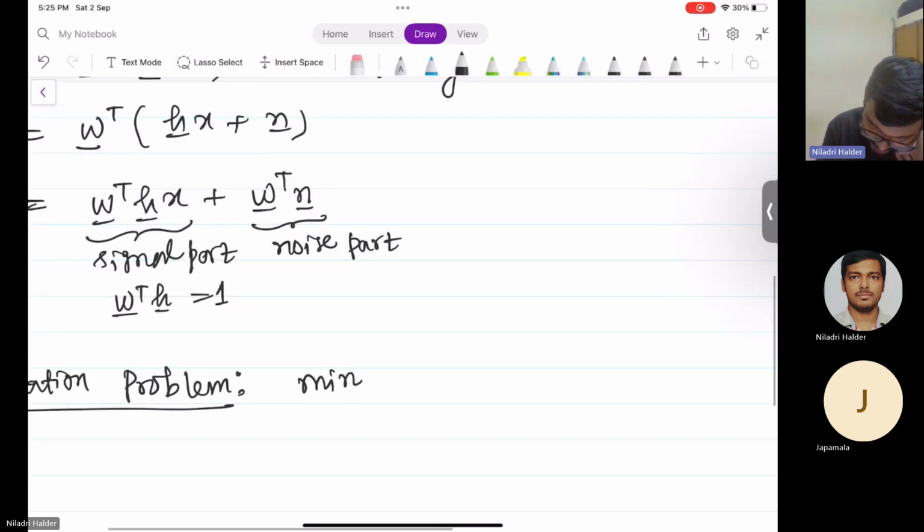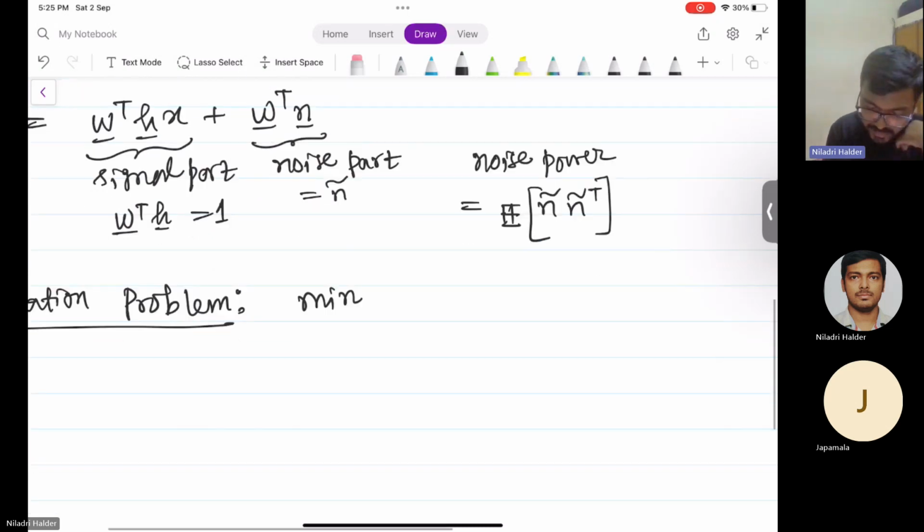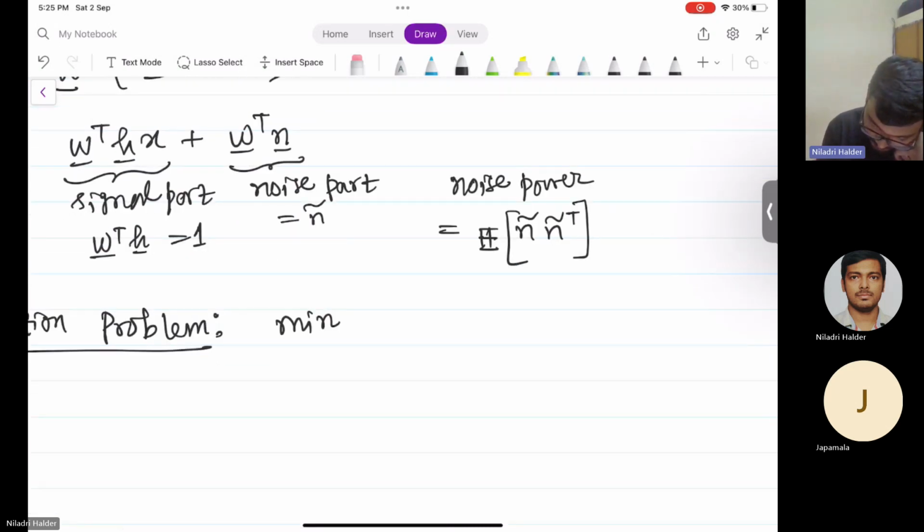This noise part we take as n tilde. The noise power is the expectation of n tilde times n tilde transpose. Here n tilde is a scalar. N tilde is equal to w transpose n, and this is n transpose w.